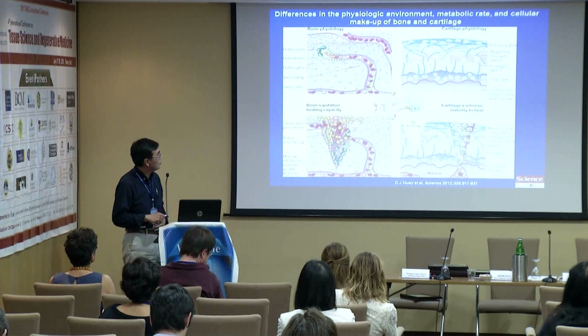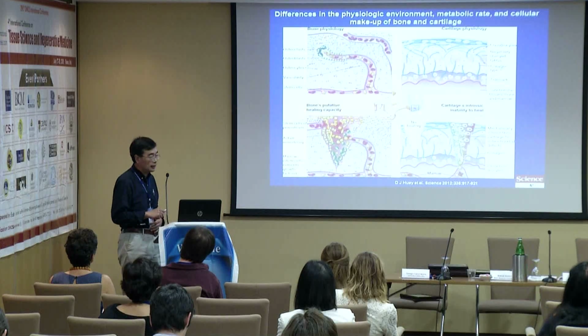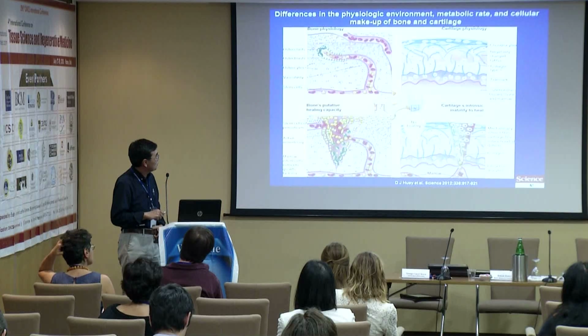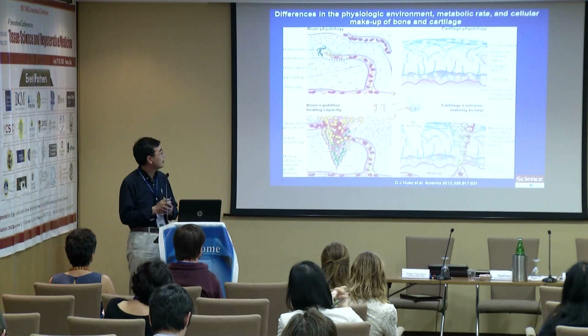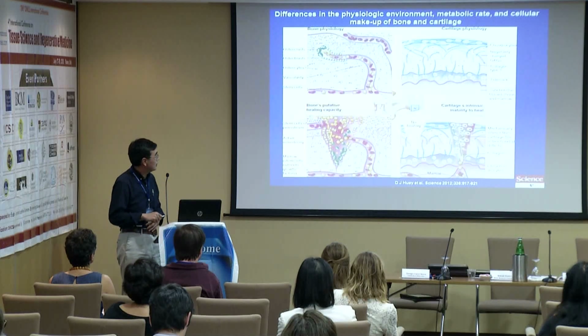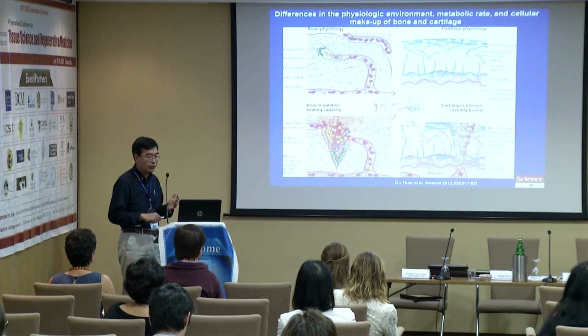Most importantly, the blood vessels bring stem cells to the fracture site. In cartilage, because there are no blood vessels, when cartilage is damaged it is very hard to heal by itself.